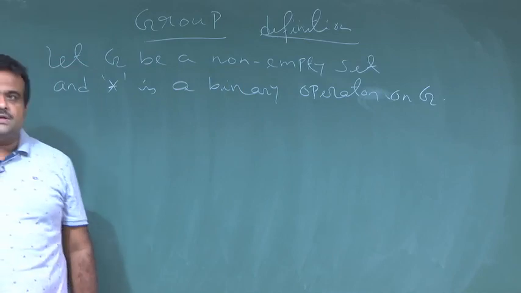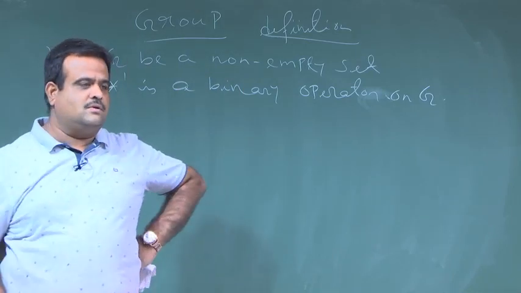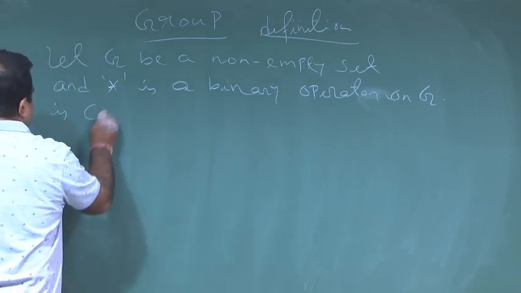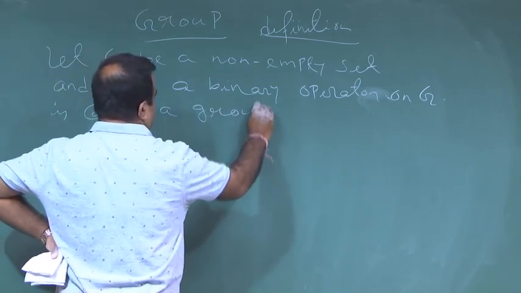So, it is a function from G star G to G if it is closed, otherwise it is to some other set. It is called a group if the following conditions are satisfied.